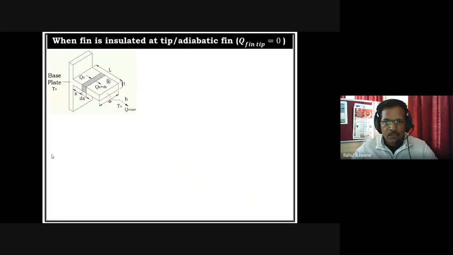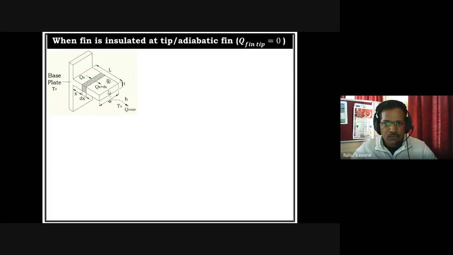So in a previous video we saw such kind of rectangular fin. Now in this fin, this is called the tip. This tip has a surface area W into T. But in comparison with the overall surrounding surface area, this tip surface is very small, so we can neglect it.